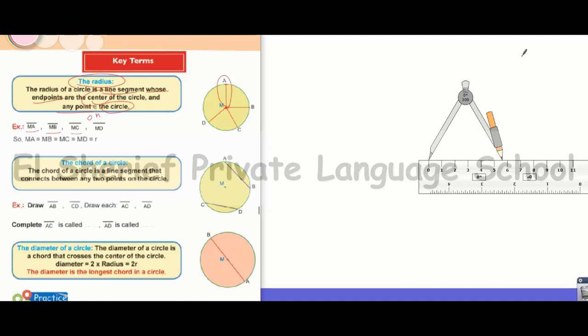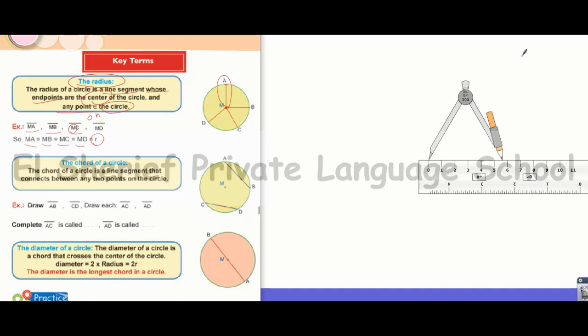Line segment MC between the center M and point C on the circle, this is also a radius. So all radii are equal. MA equals MB equals MC equals MD. We denoted the radius before by R. So MA equals MB equals MC equals R.